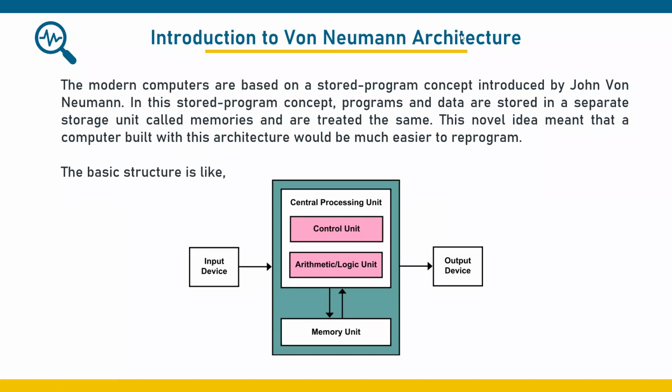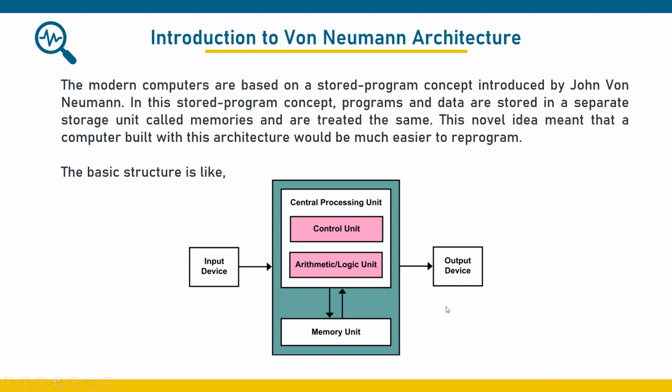The novel idea meant that the computer built with this architecture would be much easier to reprogram. The basic structure of von Neumann architecture is like this. So there are input and output devices that are connected with the CPU, the central processing unit.